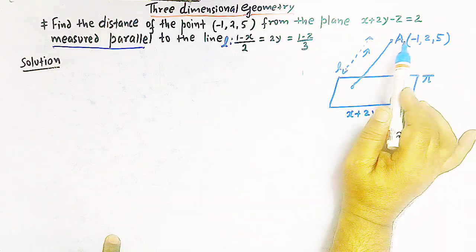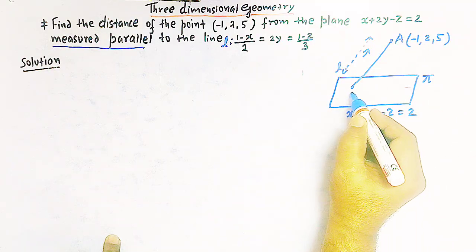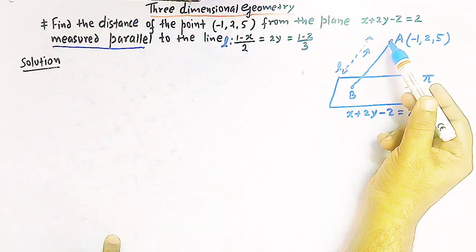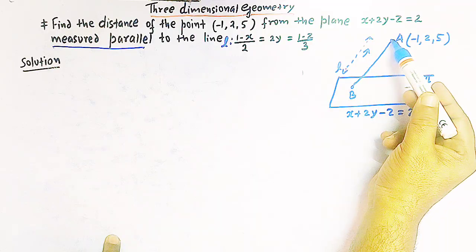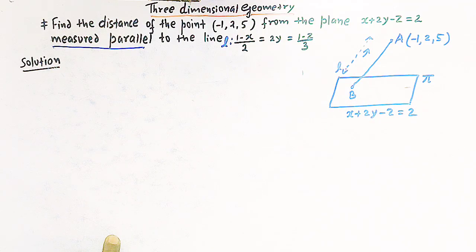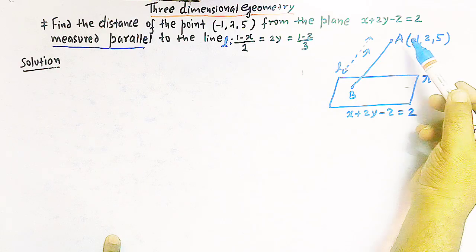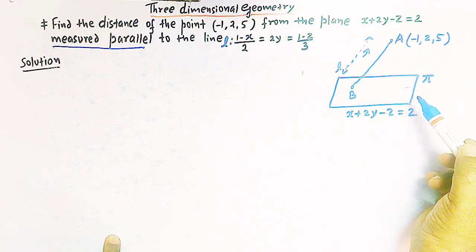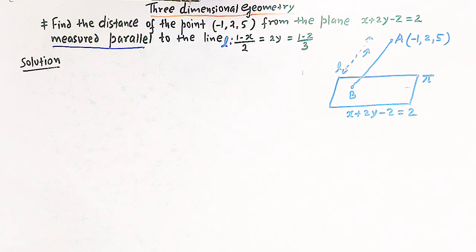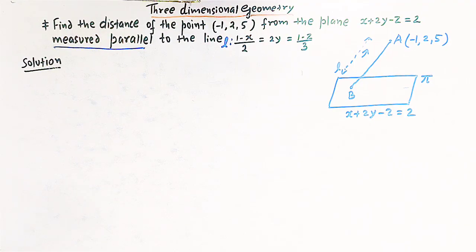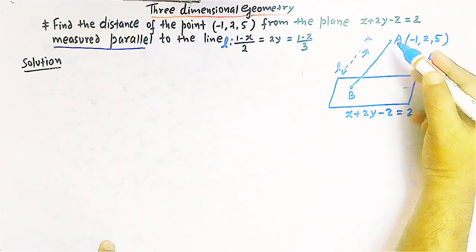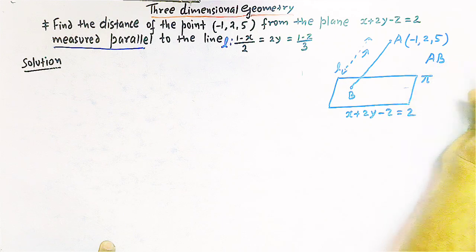Suppose this point is B, and this distance AB is not the perpendicular distance of the point A from the plane pi. So we have to find this length AB.